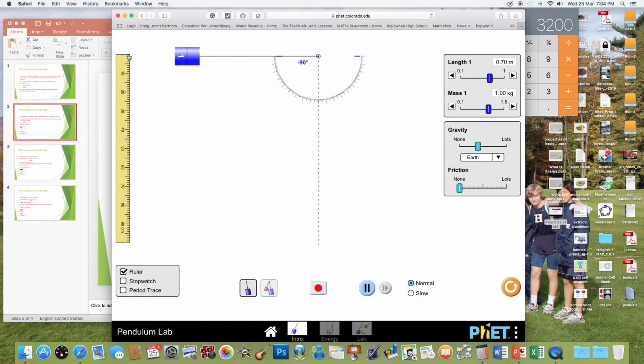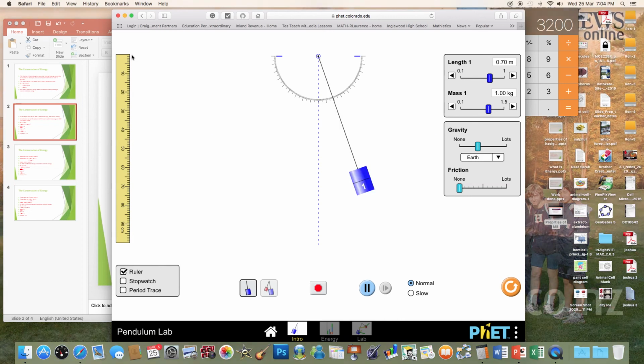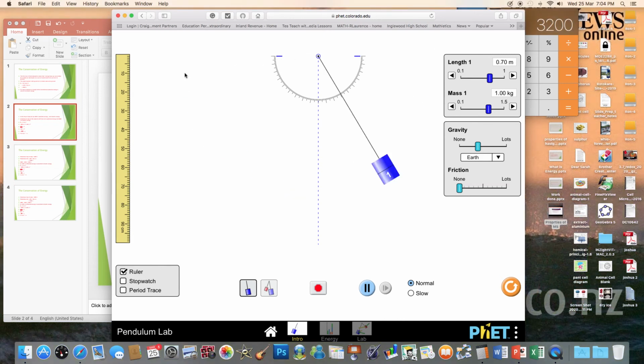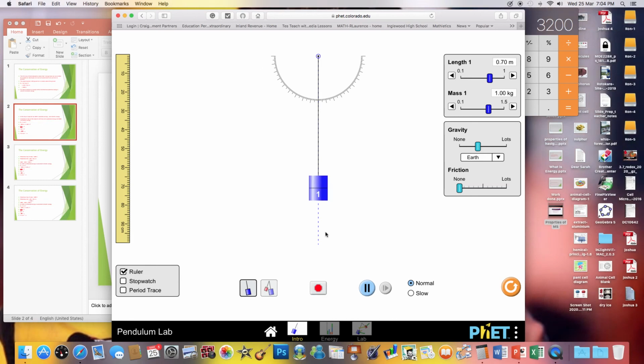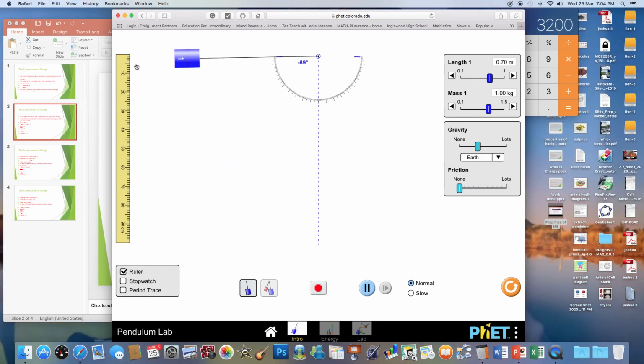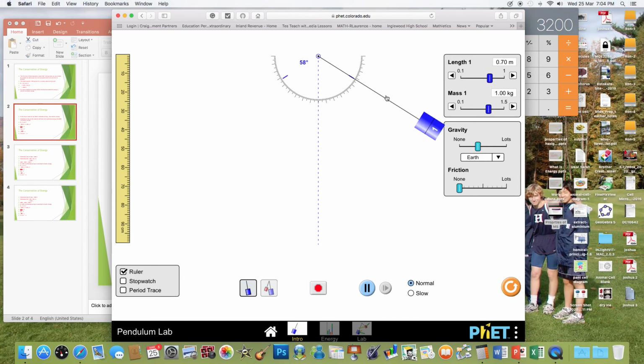So if I take this back up to right up to here, and you can see that there's a meter from top to bottom. And I let it swing, then the same principle applies. He's going to have maximum potential energy there, and minimum potential energy and maximum kinetic energy there, and the same up here.